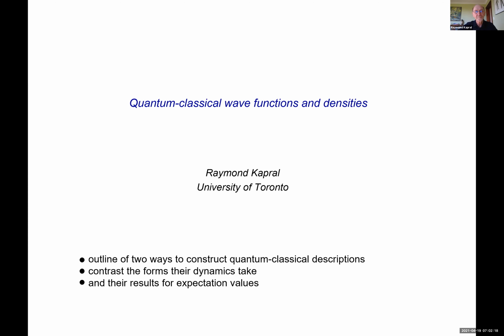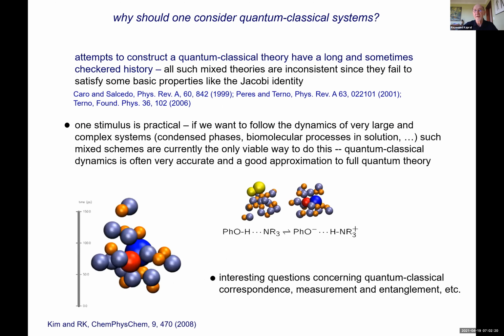these theories. Okay, so before getting into the details, I think it's probably not out of place to say a few comments about why one should even be considering such theories. So I think it's well known that there are a lot of attempts in the literature to construct quantum classical theories. Some of them are interesting, others are quite dubious.